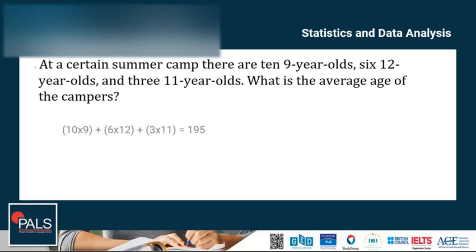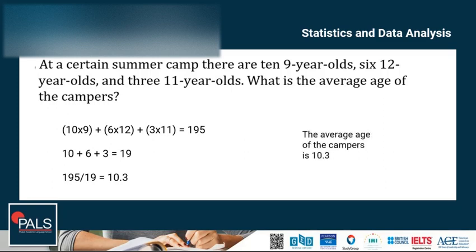The solution is 10 times 9, because there are 10 9-year-olds, plus 6 times 12, because there are 6 12-year-olds, plus 3 times 11, because there are 3 11-year-olds, which gives us 195. Then dividing by the total number of campers, which is 19, the answer is 10.3. So the average age of the campers is 10.3.